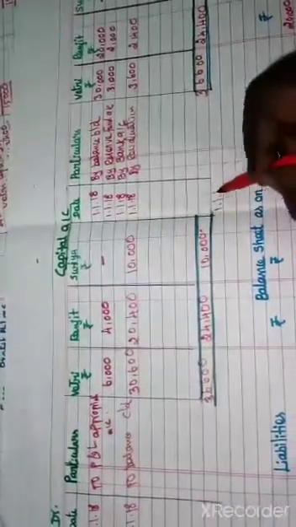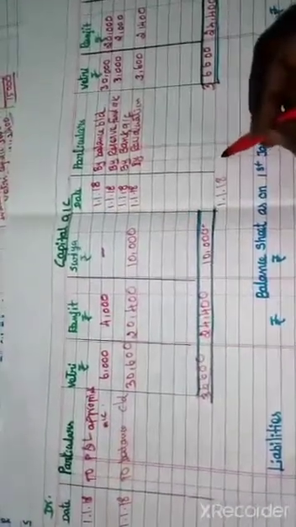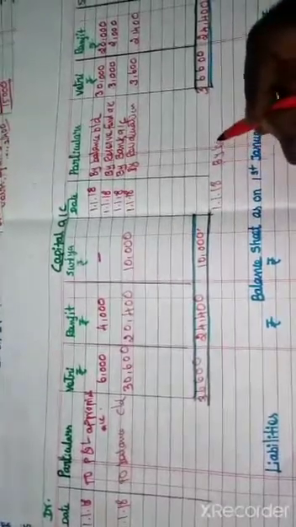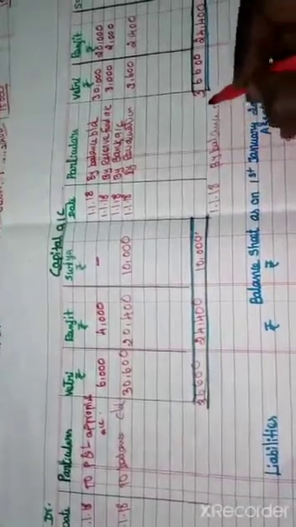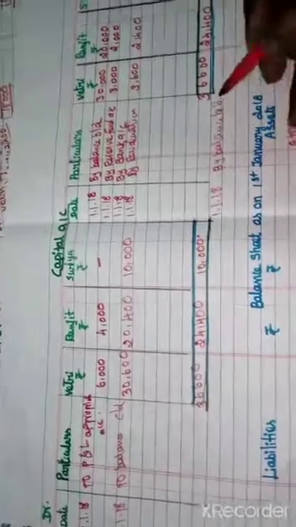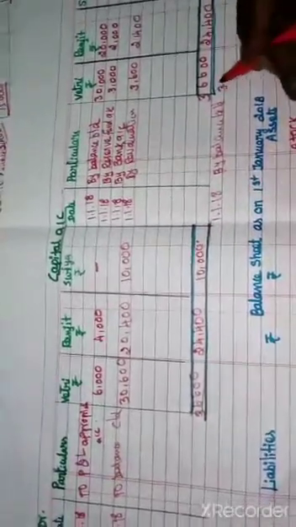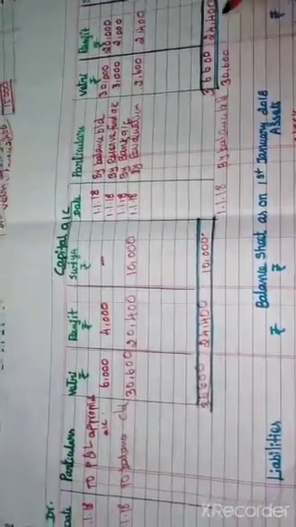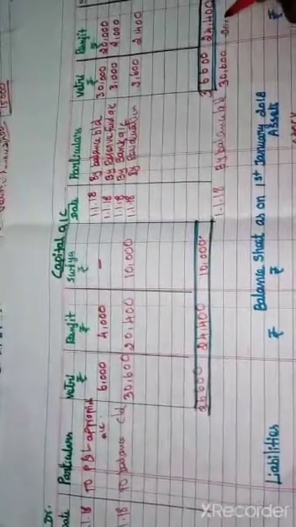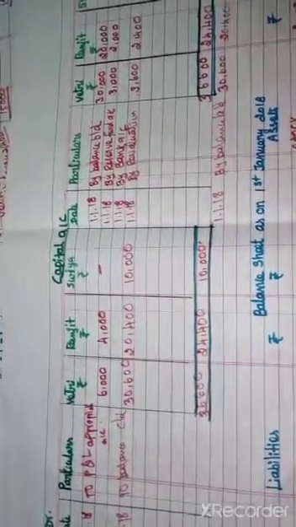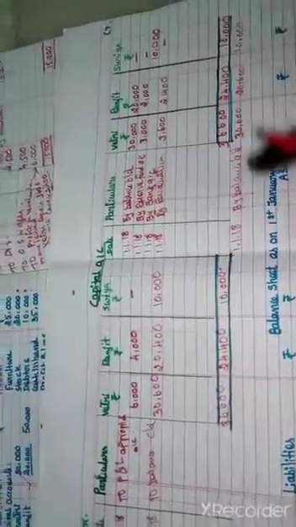So the same amount should be transferred here, 1/1/2018, by balance c/d, 30,600 and then 20,400 and then 10,000. Now see here, after admitting the new partner Surya, the balance of the capital accounts is shown.